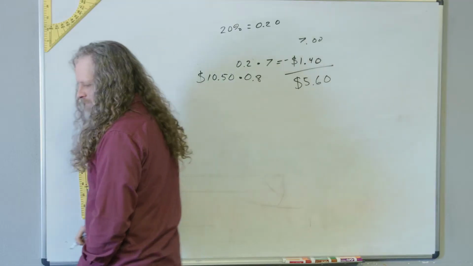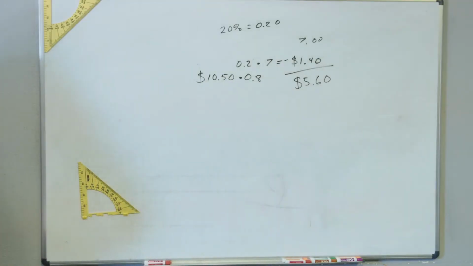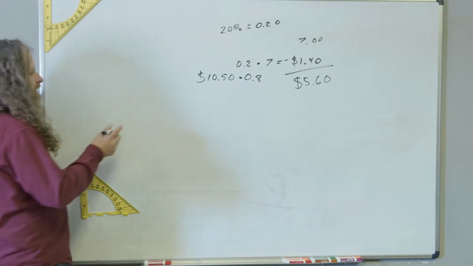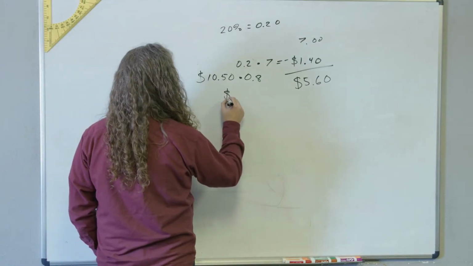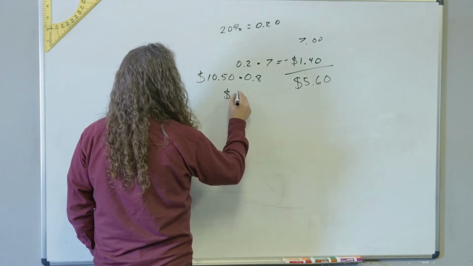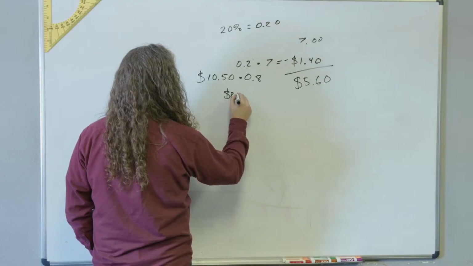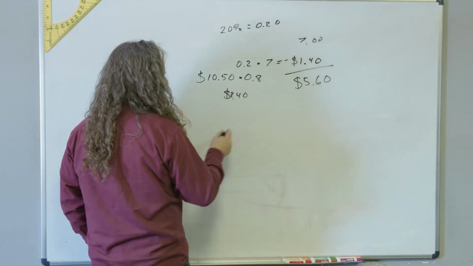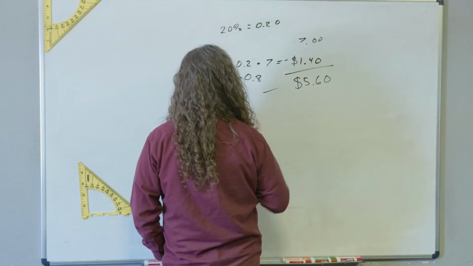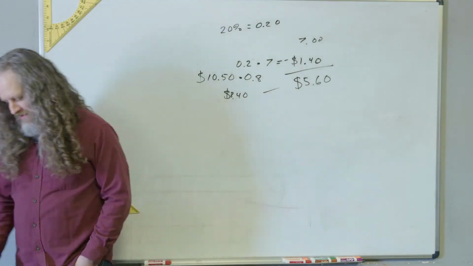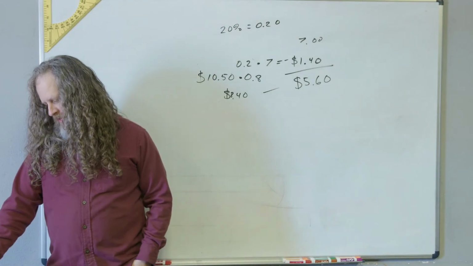And what do we get? $8.40. Whoa. So between 560 and 840, you'd write those in the correct order. Easy peasy.